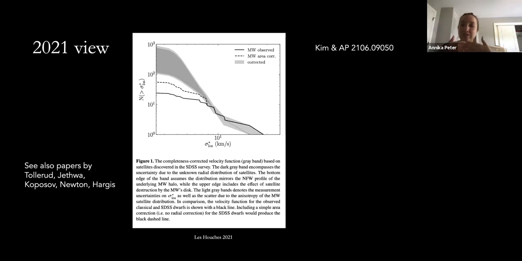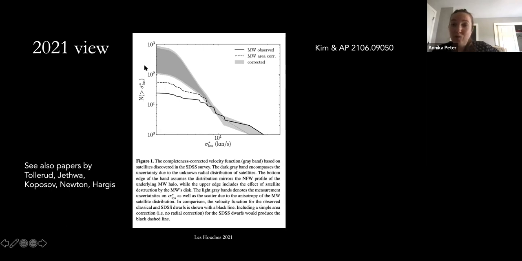To extrapolate the whole population from the observed satellites, you need to know something about how galaxies might be distributed in the Milky Way halo, to extrapolate from 50 kiloparsecs to 300 kiloparsecs. That's why there's this huge uncertainty band: we don't actually know, either on the theory side or the observational side yet, how galaxies are distributed in the halo.